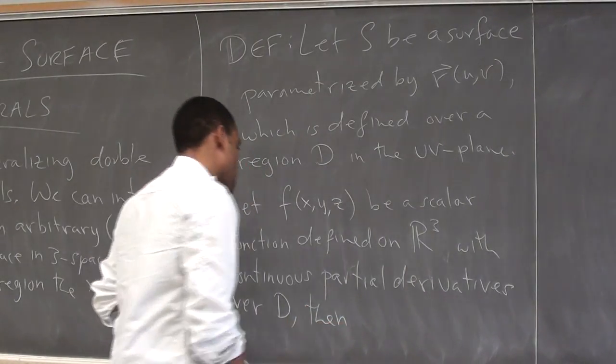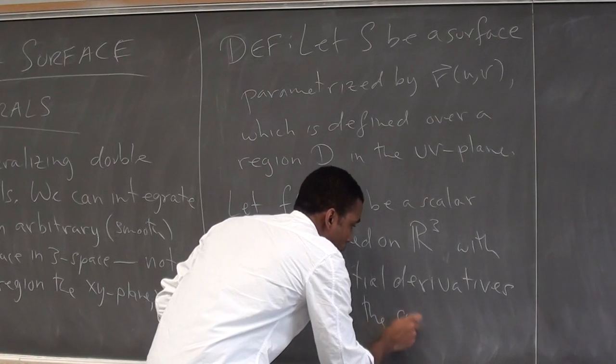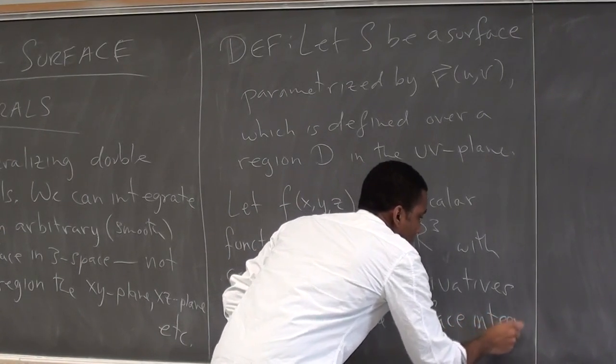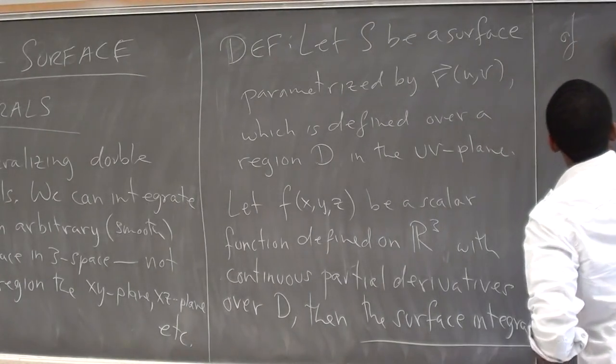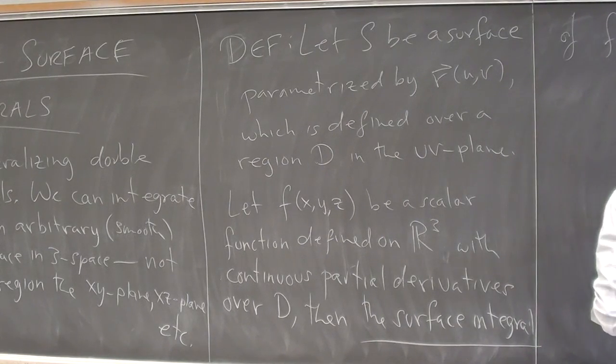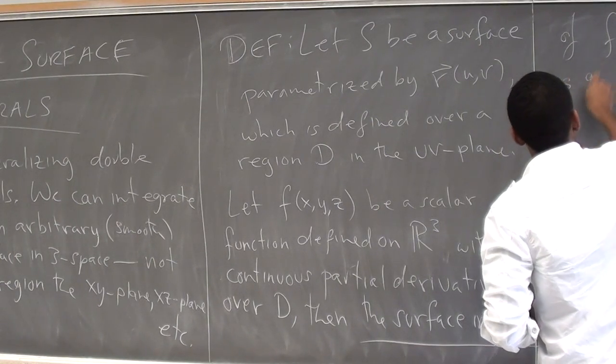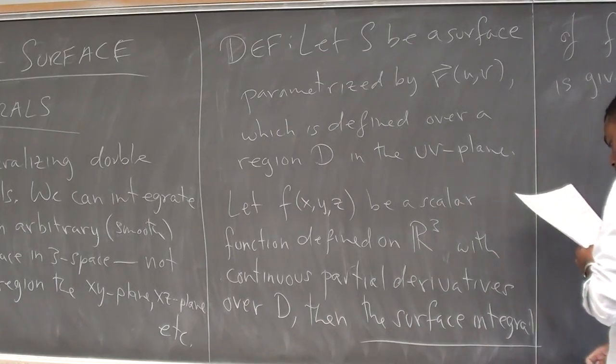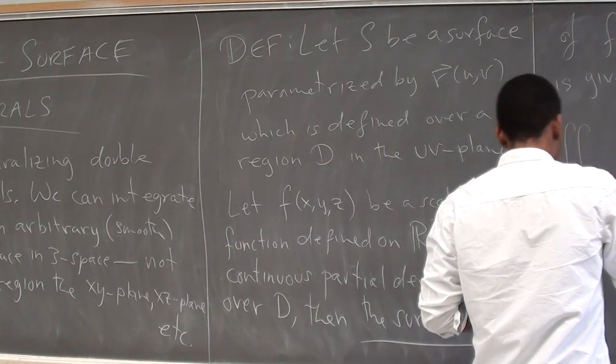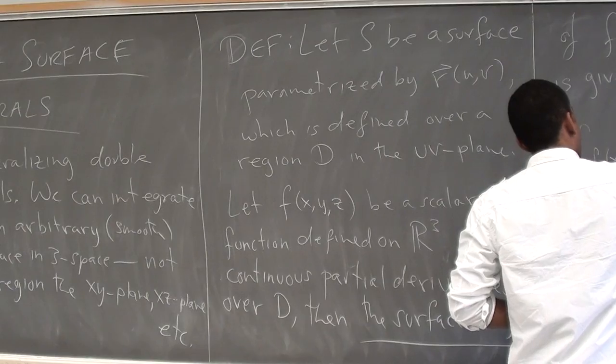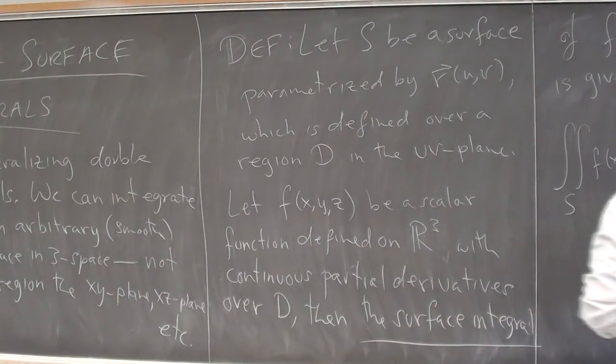But if you have all this fulfilled, then what we call the surface integral of f over the surface S is given by, finally, the double integral over S, that's the notation, of this function f dS is equal to the double integral over D of plugging your parameterization into the f and multiplying by the magnitude of r_u cross r_v.